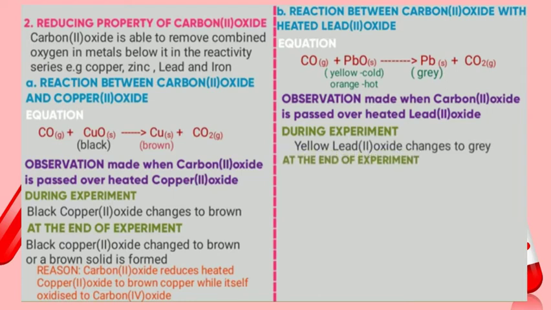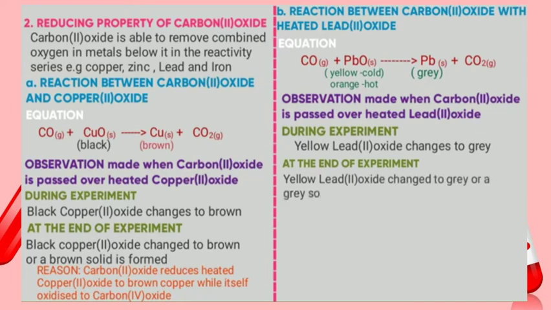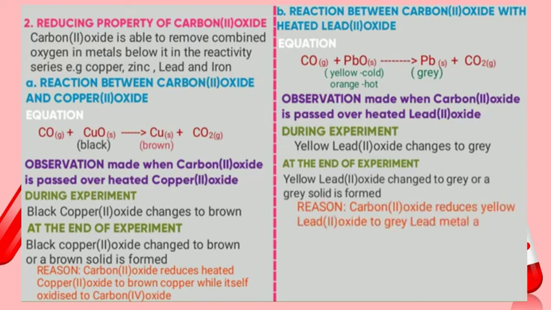At the end of the experiment, yellow lead 2 oxide changes to gray, or a gray solid is formed. Reason: carbon 2 oxide reduces heated lead 2 oxide to gray lead metal, while itself oxidized to carbon 4 oxide.